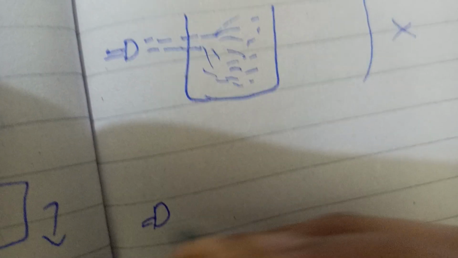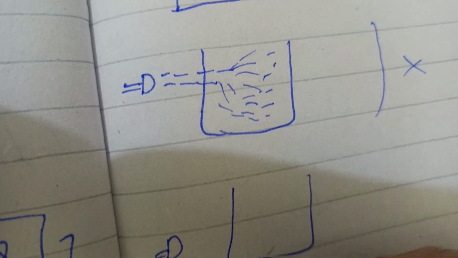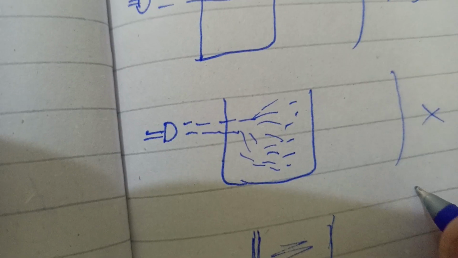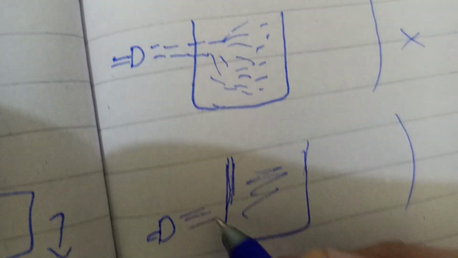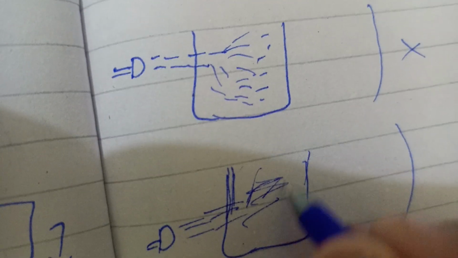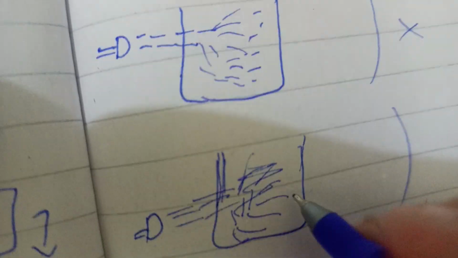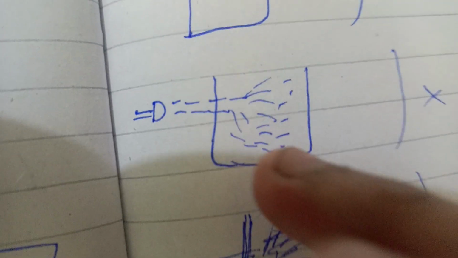But if we talk about the suspension, let's draw suspension here, and the suspension screen is here. If we throw the light from here, it will just disperse, with even greater dispersion than this one.